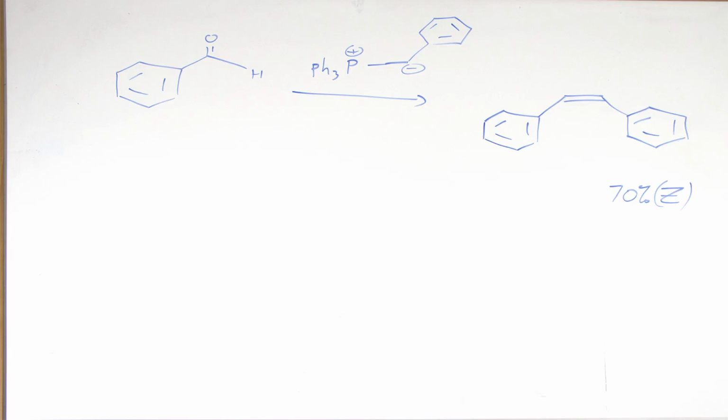My product is going to be an alkene with an aromatic ring on each end. It's called stilbene. But what's the problem?